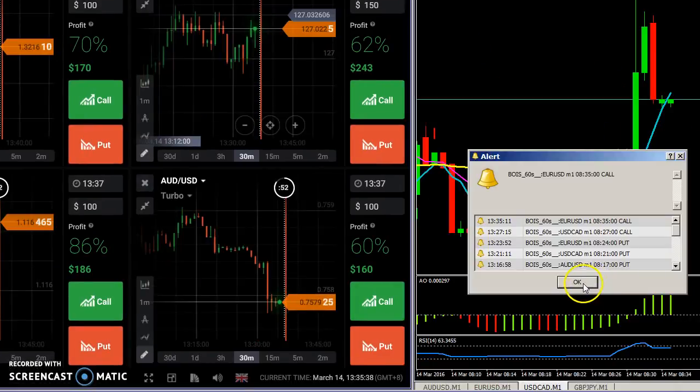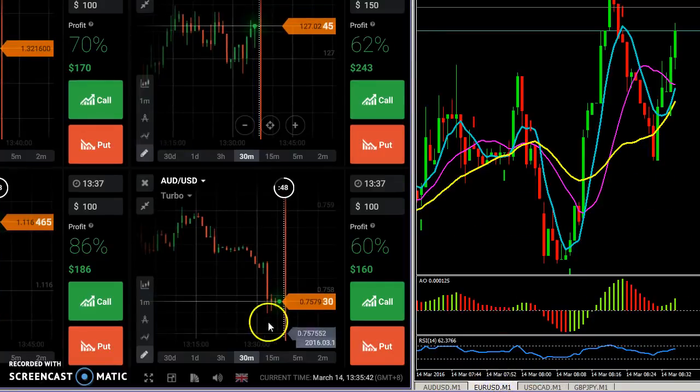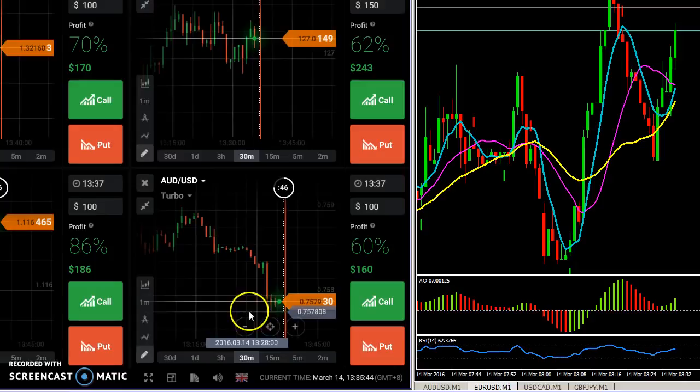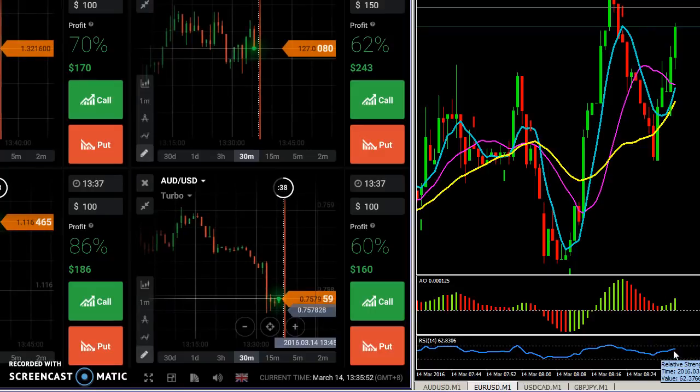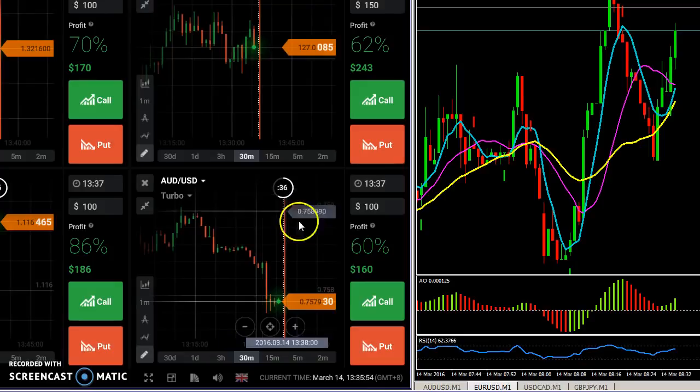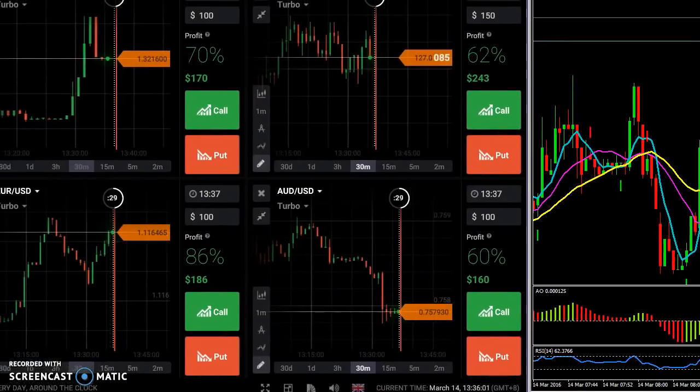We just got one for Euro USD call. It looks like it is pretty low on the Awesome Oscillator. The RSI is a bit high. And the lines do look like they're about to cross here, so I'm going to go ahead and take it. Just wait for a drop first.